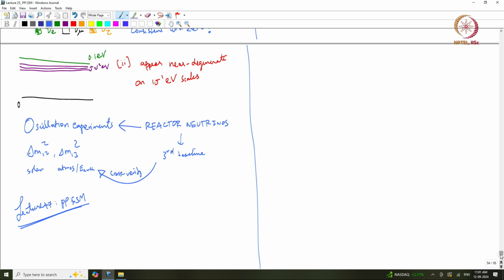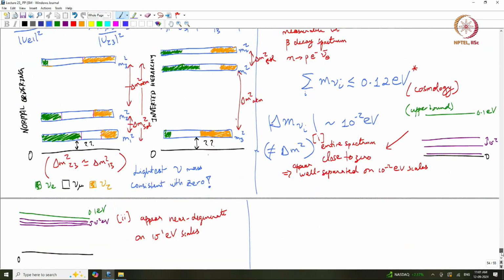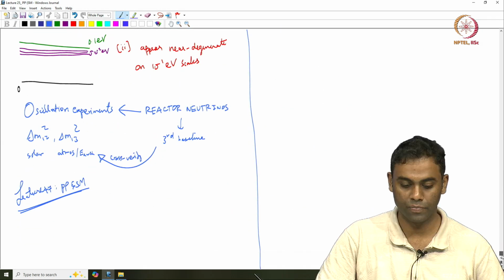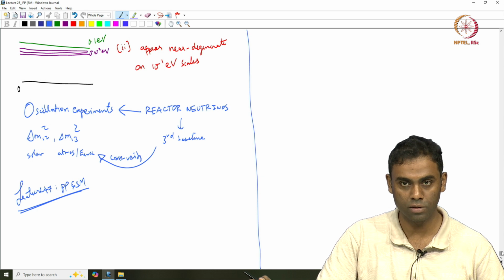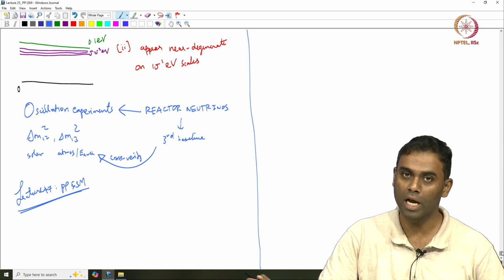And finally, we do not have to rely on just solar neutrinos and atmospheric neutrinos to measure the delta m squared using oscillations. We could also create our own sources of neutrinos, set our own baseline, build our own detectors, and measure oscillation probabilities. And that is what we do with reactor neutrinos, for instance.